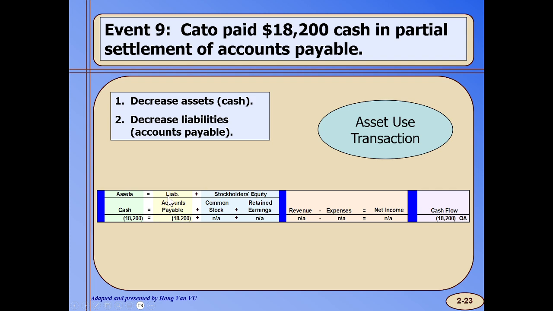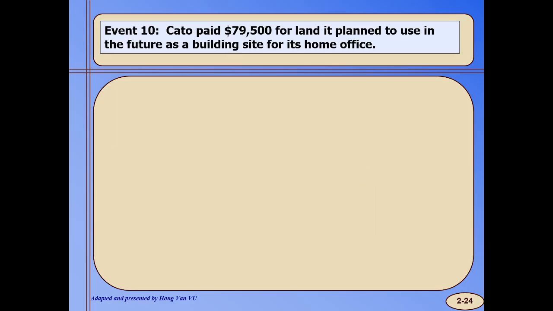There's no effect on the income statement, but the statement of cash flows reports an outflow of 18,200 for operating activity, and this is classified as an asset use transaction. Here you can see the effect of this transaction on the financial statement model: the first is the balance sheet, the second is the income statement, and the statement of cash flows.